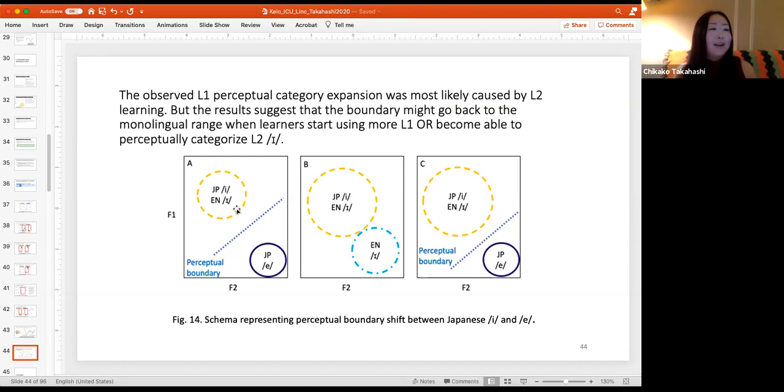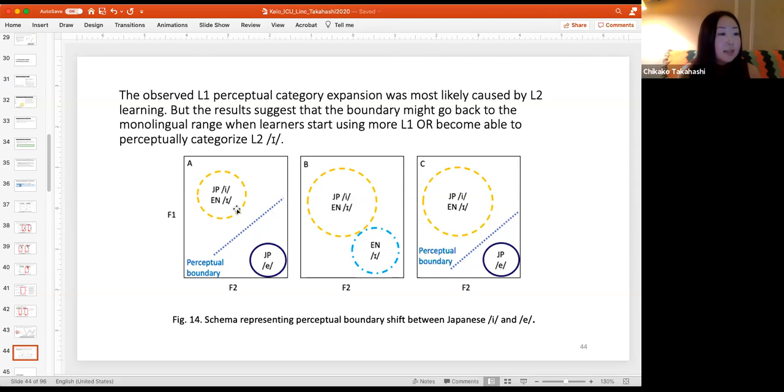That is, their L2 perception results indicate a maintained perceptual association between Japanese E and English E. But the fact that they were dominant in their L2 indicates they had been receiving a lot of input of L2 E. So at this point, it is possible that the increased L2 input is still associated with their merged L1, L2 category, as indicated by the yellow circle in B, but it was pulled down to reflect the English I input.